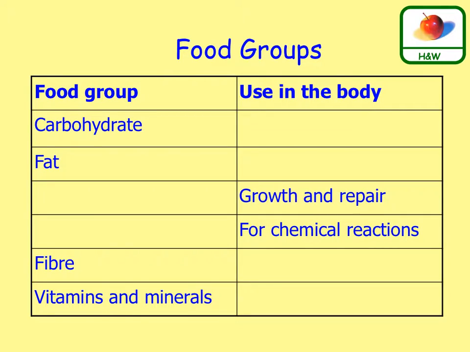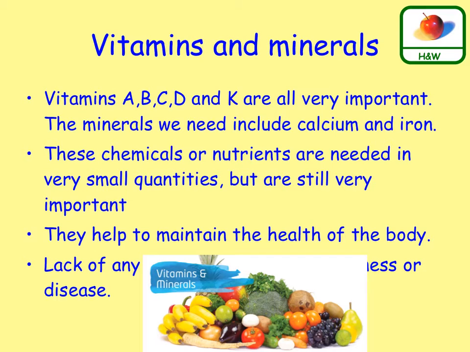And you need vitamins to stay healthy and to help you fight diseases and to maintain or repair the body. And vitamins that are important are things like vitamin A, which helps with your eyesight. Vitamin C helps you fight against a disease called scurvy. And there's also vitamin B, vitamin D, and vitamin K, which is very important to help with blood clotting.